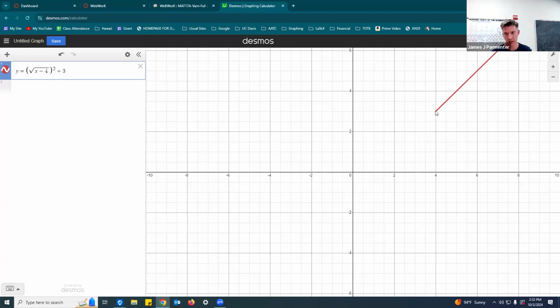There's the first point you get. You don't get any of the smaller values of x, even though if you graph y equals x minus 1, they look the same. y equals x minus 1 has all of the domain, and y equal to the square root of x minus 4, squared, plus 3 doesn't have all of the domain. Kind of neat.